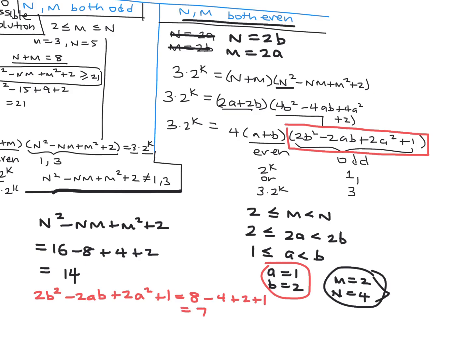So that means that this expression has got to be greater than or equal to 7, and therefore there's no way it could be 1 or 3. So it falls apart again.